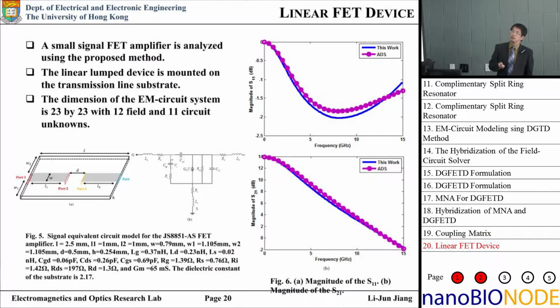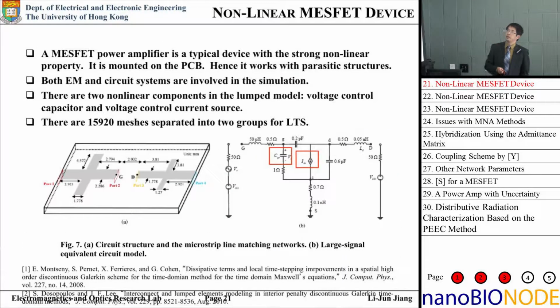This is for a linear problem that we could solve. It has the supporting feeding system on the substrate together with a lumped small-signal device model, and you can put them together. Then you can compare that with ADS. This is S21, this is S11. They basically agree with each other.